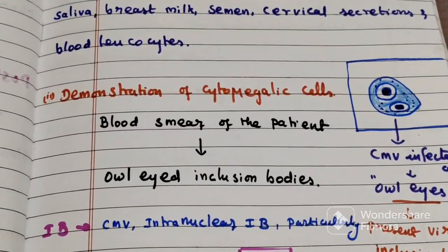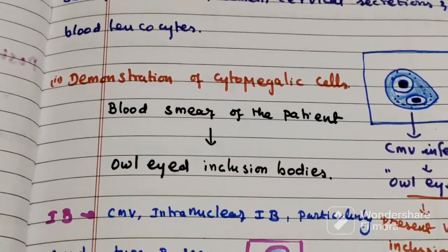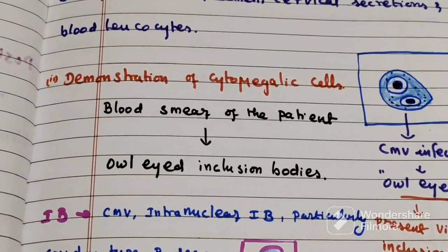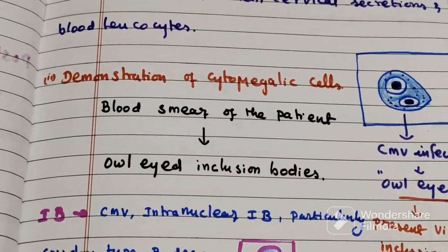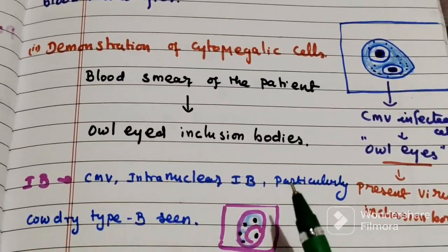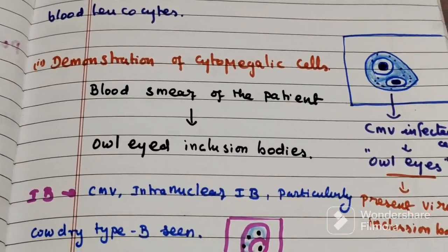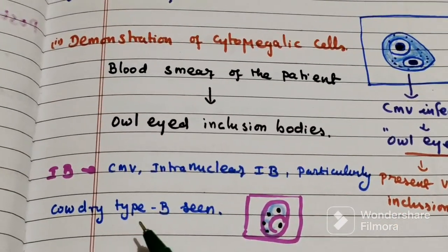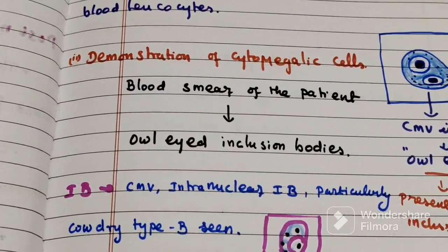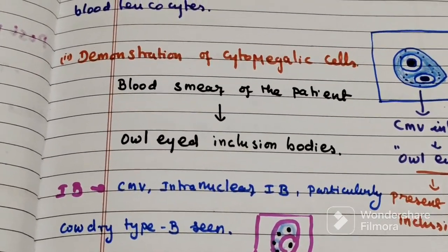What are the inclusion bodies here? In cytomegalovirus, intranuclear inclusion bodies, particularly Cowdry type B, are seen.